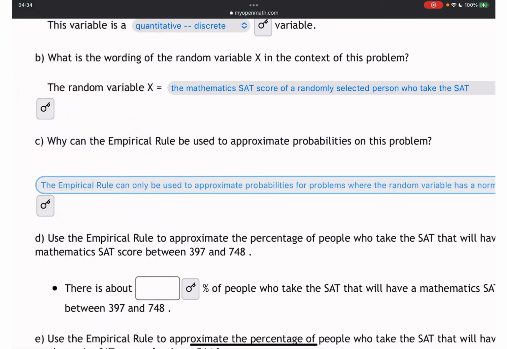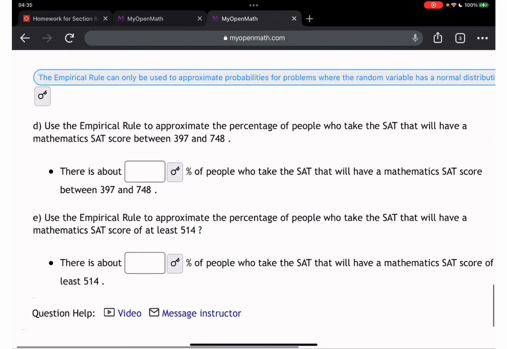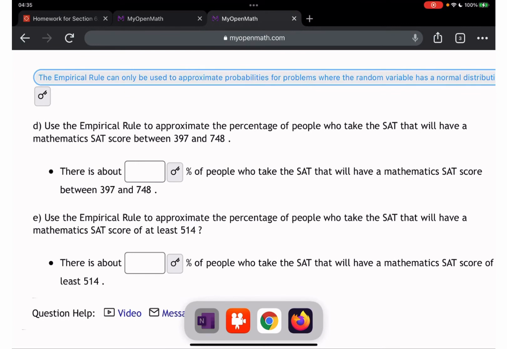It's all about normal distribution; you can use the empirical rule all around a normal distribution. All right. Next one: use the empirical rule to approximate the percentage of people between 397 and 748.